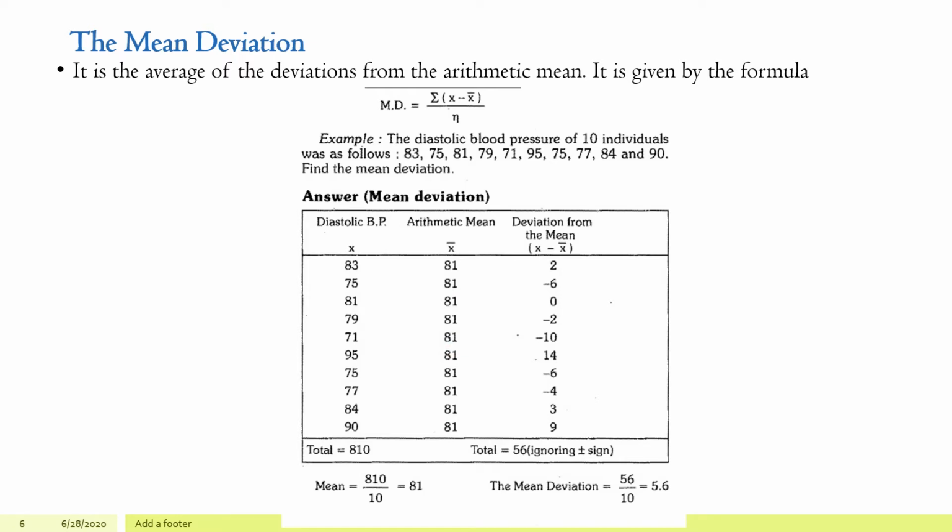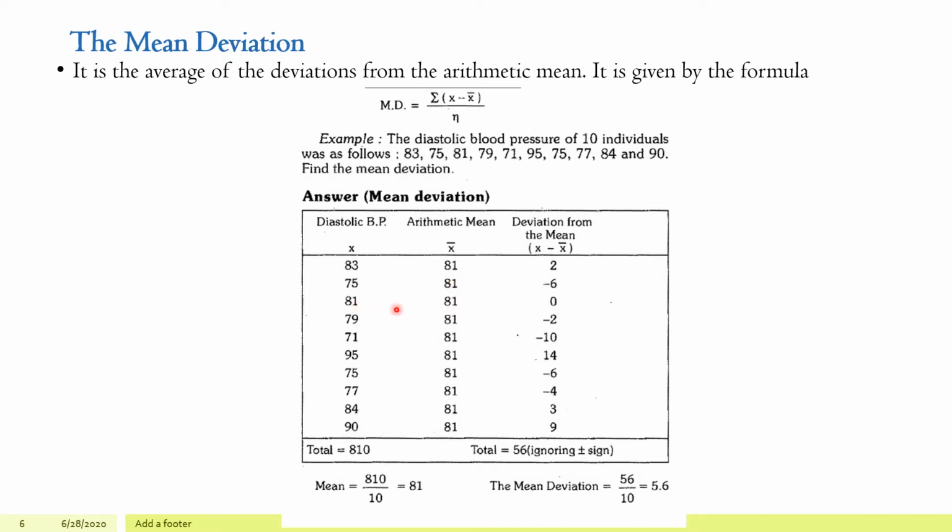Then deviation, that is how this data is deviating from the mean. How much is the deviation? When you subtract 83 minus 81, you will get 2. So this data is deviating from the mean by about 2. Then this data is deviating from the mean by minus 6.